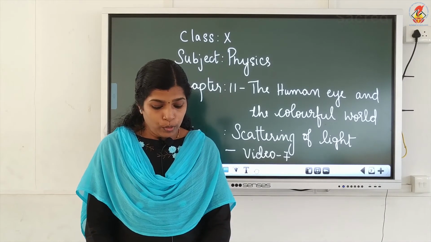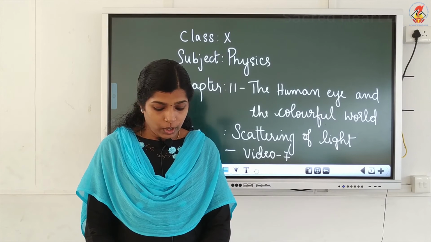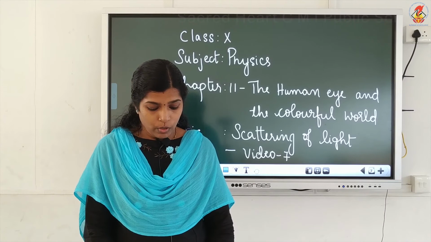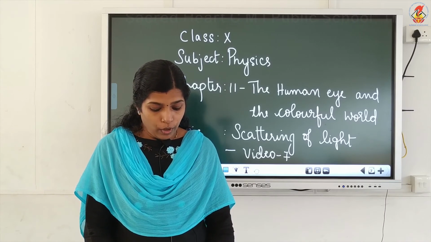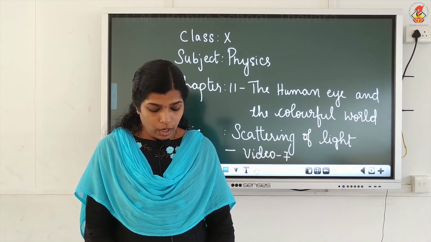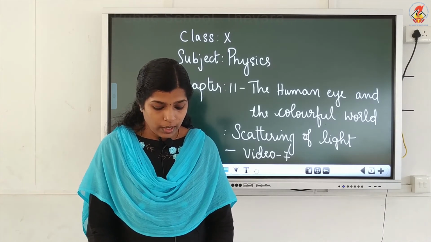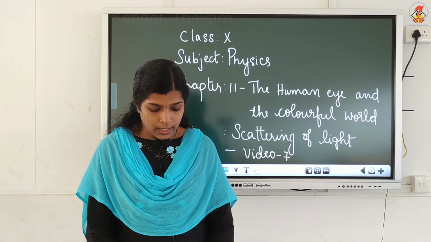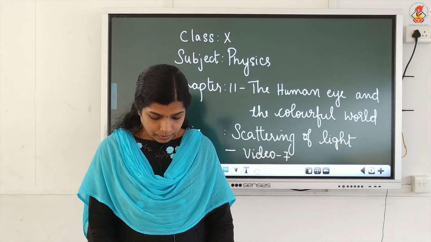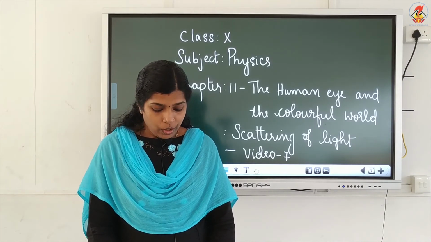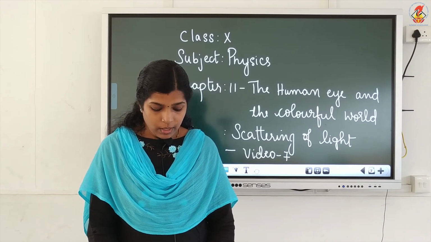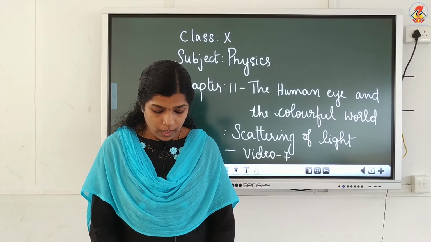Since the blue color of shorter wavelength is scattered more and much of it is lost, while the red color of longer wavelength is scattered a little, so it is not much lost. This blue color is almost absent in sunlight reaching the observer, and only red light reaches us. As a result, the region nearby appears to be red.